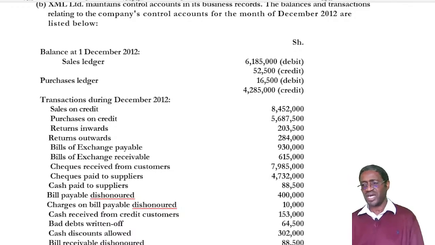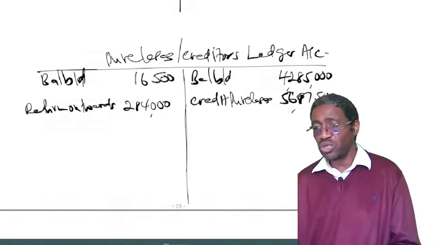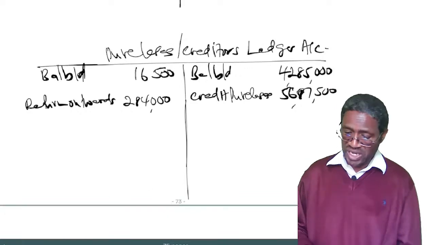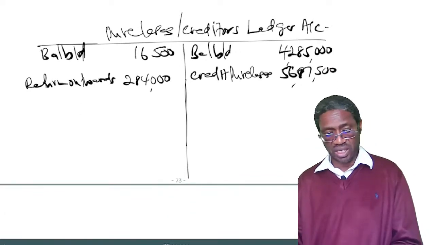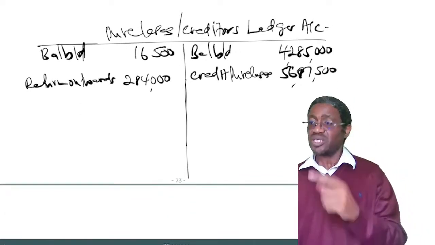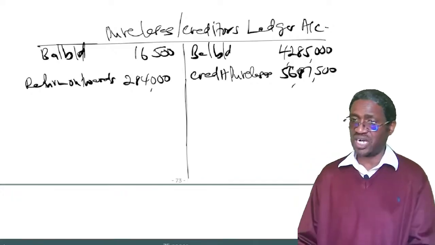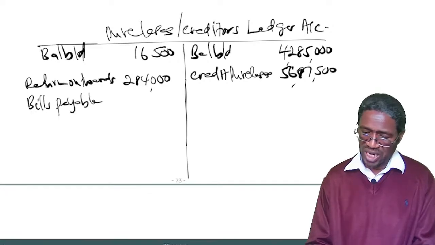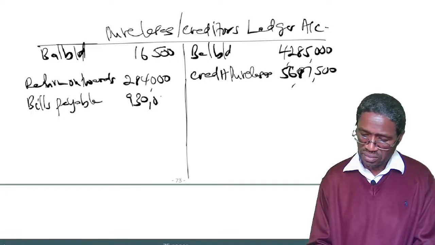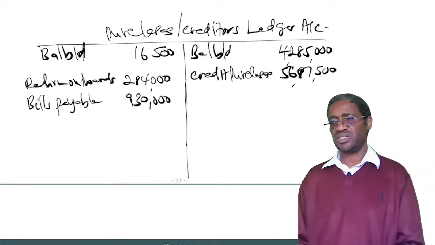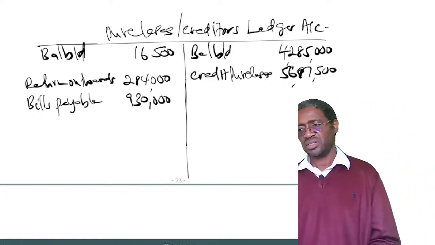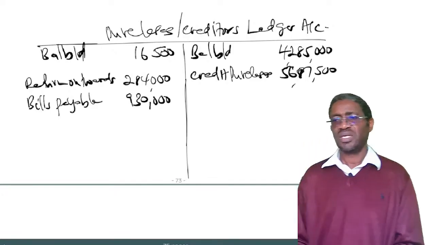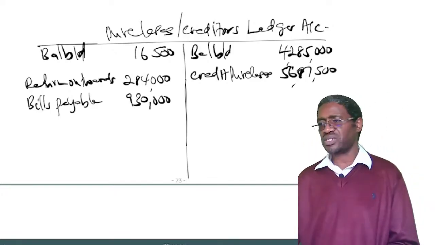How much? 930. When we bought the goods from them on credit, we credited. You can see it here. Now we are paying them using a bill. We accepted that bill. So come and see your bills payable. That is 930. Next.